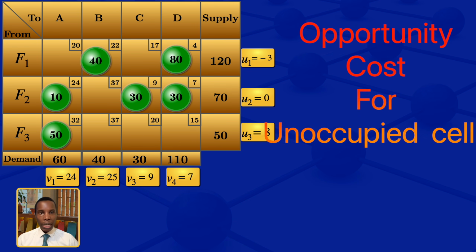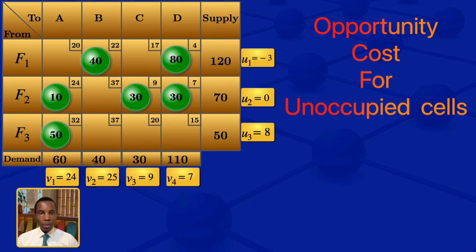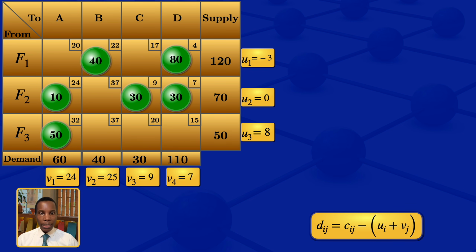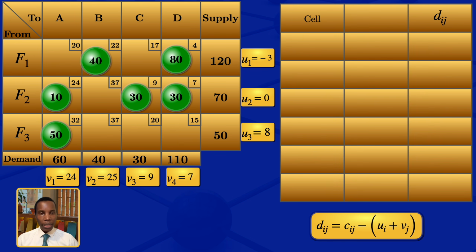We go on and calculate the opportunity cost for the unoccupied cells. The formula that we use is Dij equals Cij minus (Ui plus Vj). The Cij is the unit cost, and the U and the V are the ones that we have just calculated. I draw a table with the cell and the value of Dij.